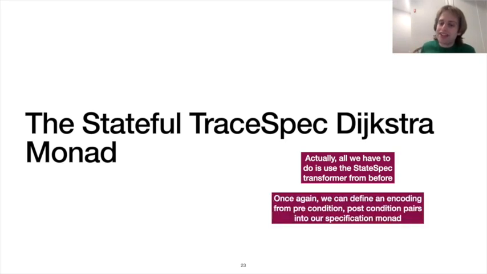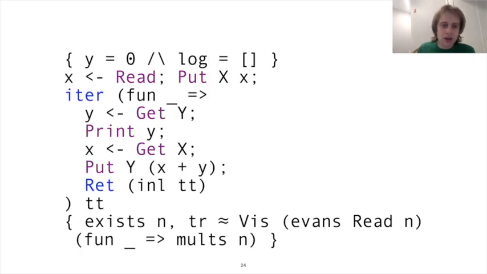And once again, we can define an encoding from precondition postcondition pairs into the specification monad, where the precondition and postcondition is over both the event logs and the states. So we can now finally write it formally.